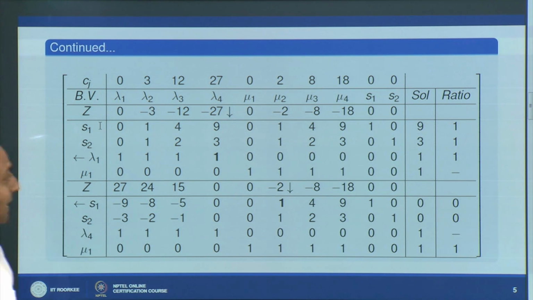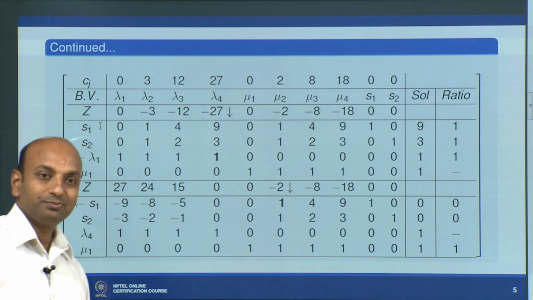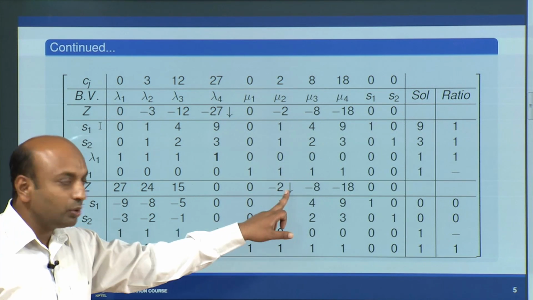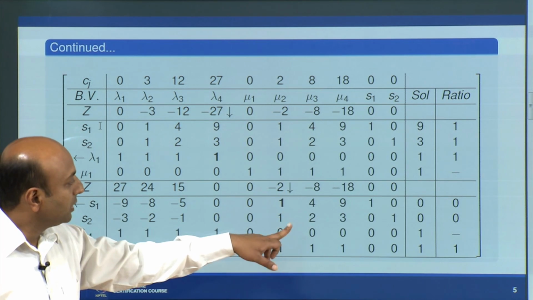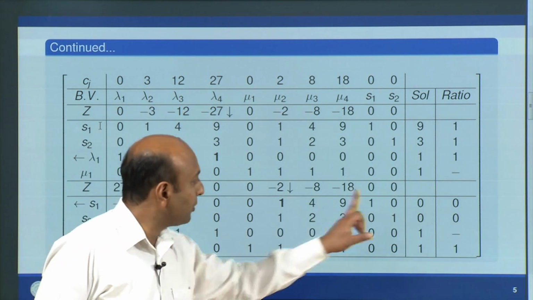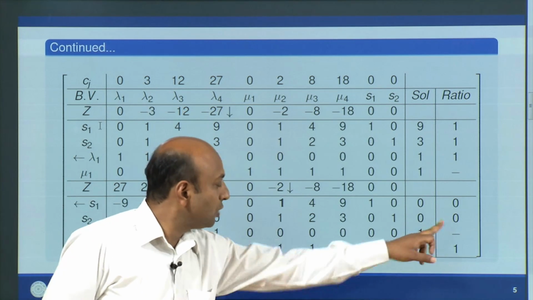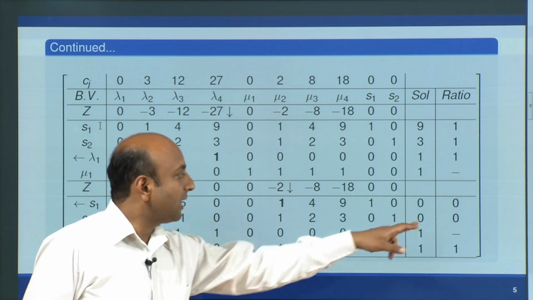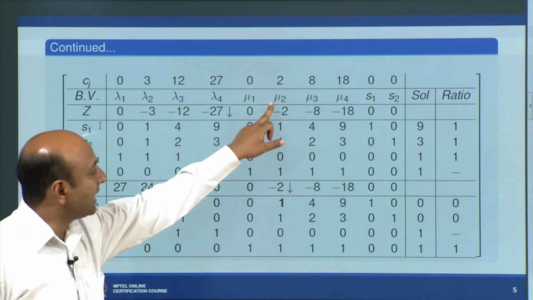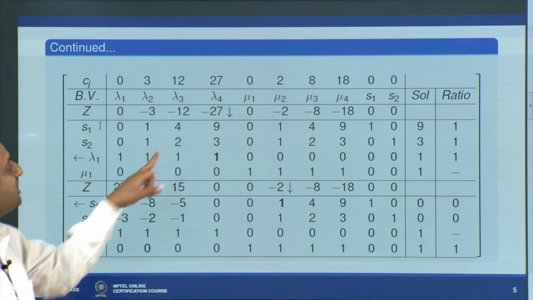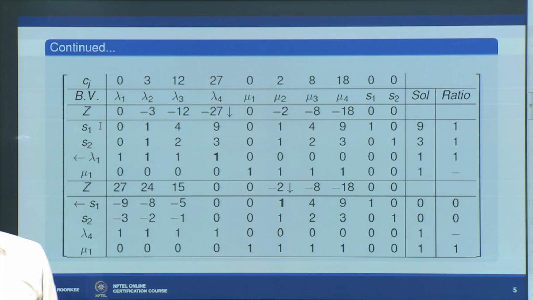Okay. So, next is mu 2. If you enter mu 2 now, it is 0 upon 1 is 0, 0 upon 1 is 0, 1 upon 1 is 1. You have to leave one of the variables, say you leave S1. If mu 2 is entering, mu 1 is adjacent to mu 2, so it is allowed.